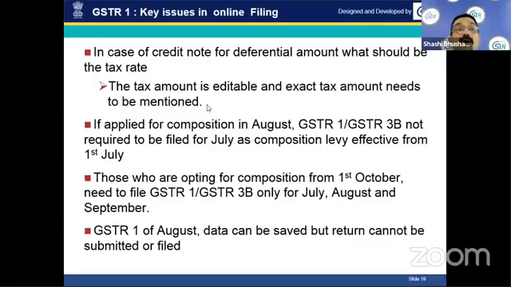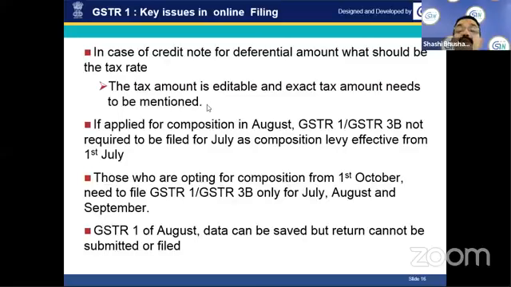Now, another issue that people are reporting is in case people have opted for composition in the month of August, since the composition date was extended till August 16. Some people had confusion that they need to file GSTR 3B and GSTR 1 for July.